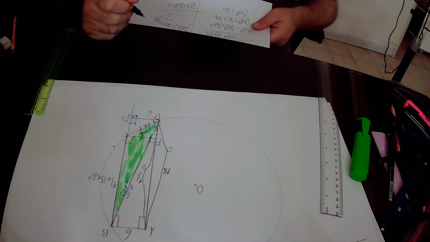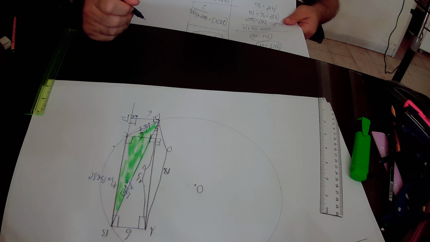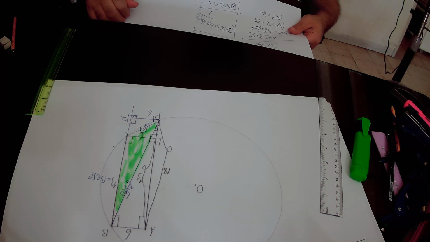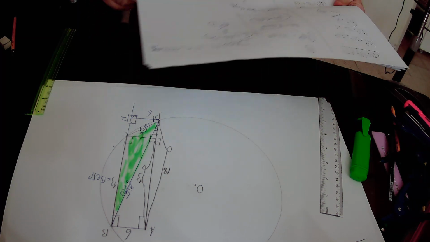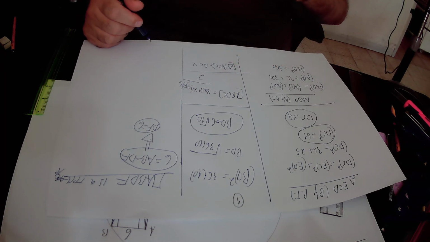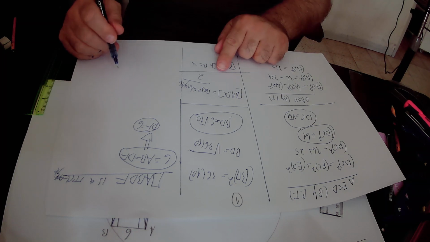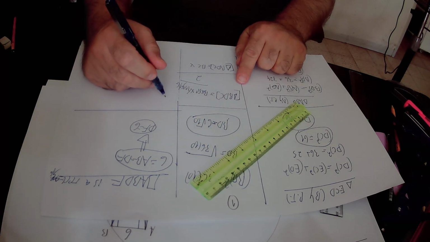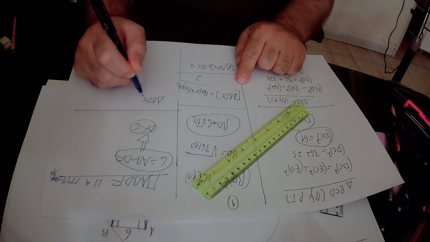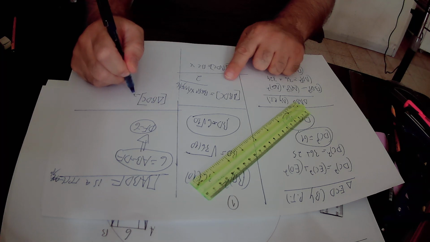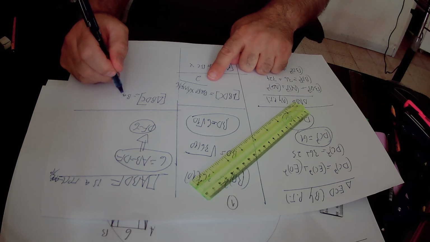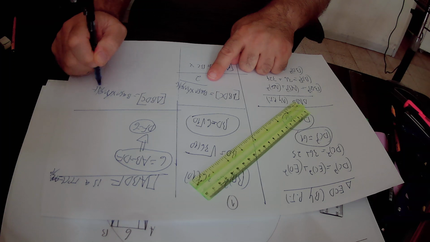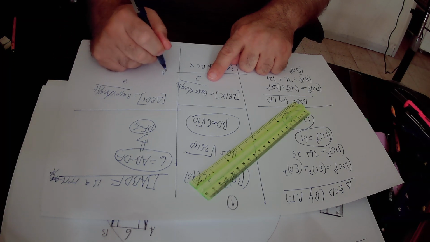Now you can calculate the area of the green triangle BDC. As I already mentioned, the area of the green triangle BDC equals the base times the height over 2.